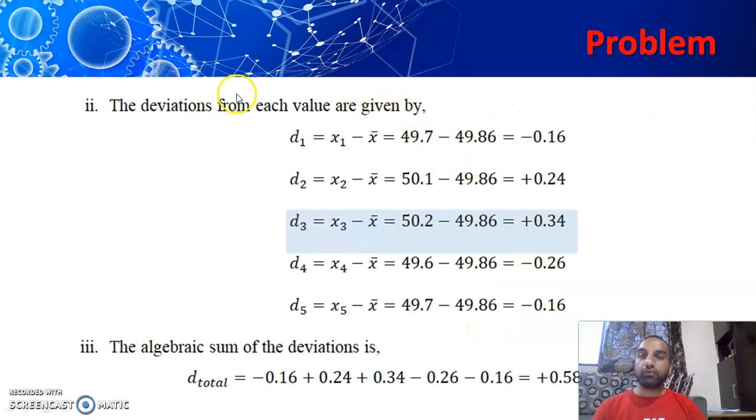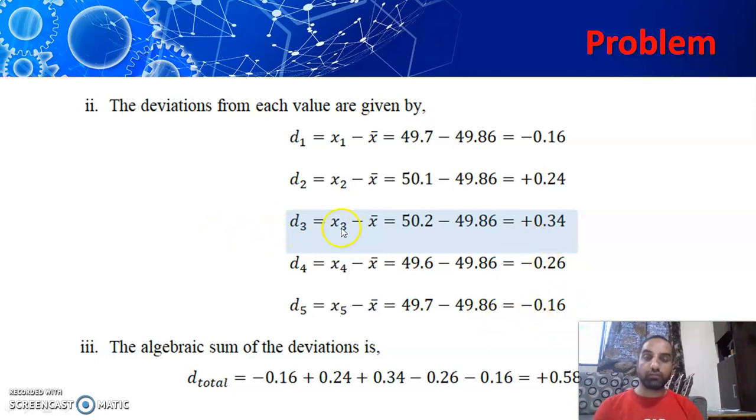Then we have to find the deviation of each value from that mean. So d1 is equal to x1 minus x bar, 49.7 minus 49.86, so it becomes minus 0.16. Similarly, in this way we can find the values of d2, d3, d4, d5. For d5, x5 minus x bar, that is 49.7 minus 49.86, this value also becomes minus 0.16.